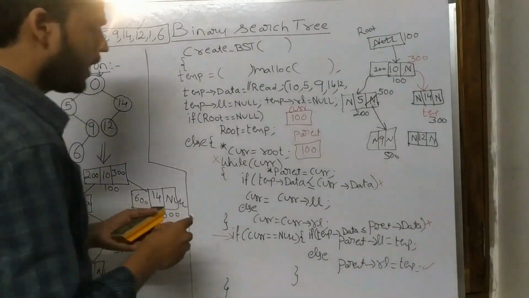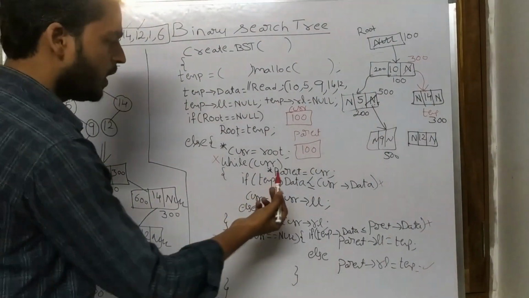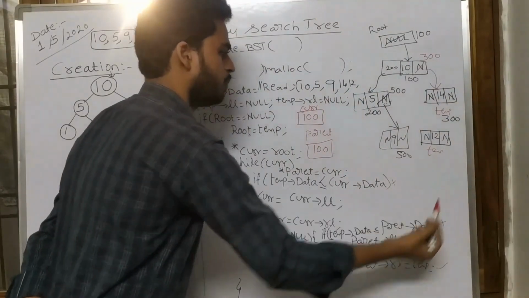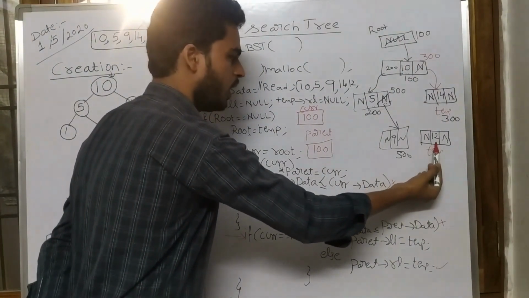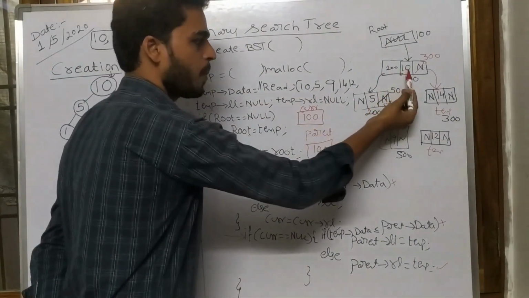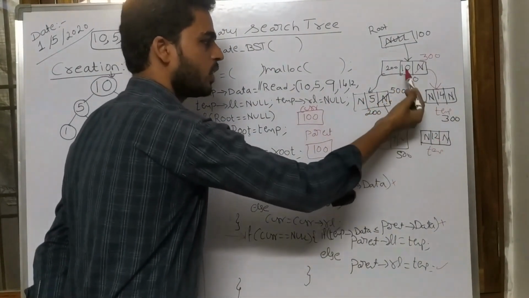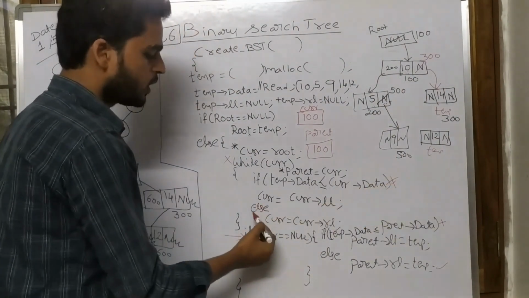Now parent value is 100. Temp's data is 12. Is 12 less than or equal to current's data? 100's data is 10. Is 12 less than or equal to 10 or not? The condition surely fails. Then it is going to execute the else block.